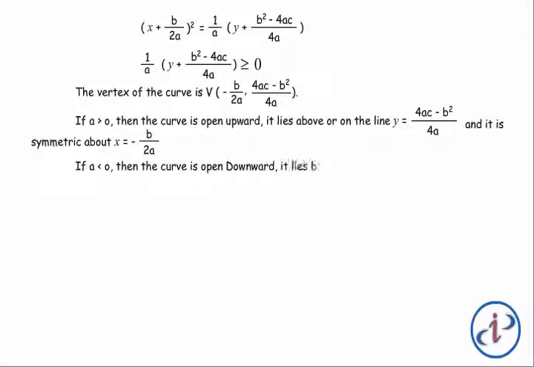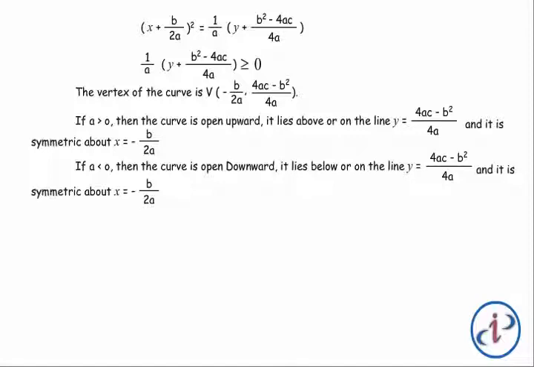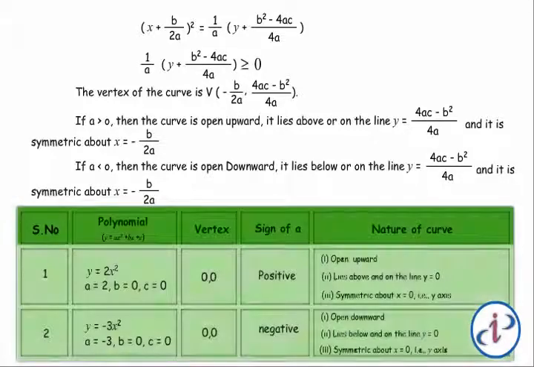It lies below or on the line y is equal to 4ac minus b squared by 4a, and it is symmetric about x is equal to minus b by 2a. Here is a table with set of quadratic polynomials and the nature of their graphs with vertices.